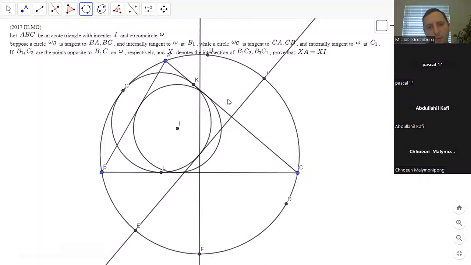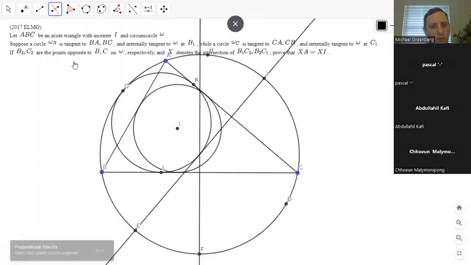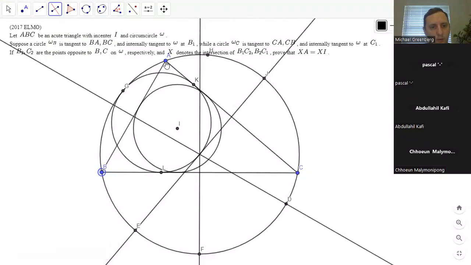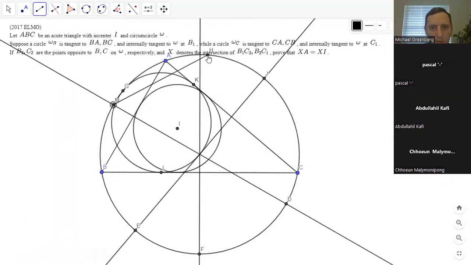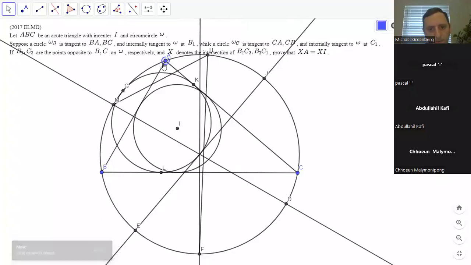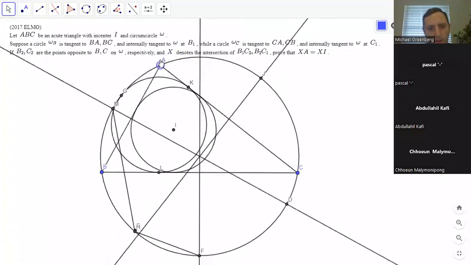So F is the midpoint of one of the arcs, and I want to do H. Oops, how did that go away?